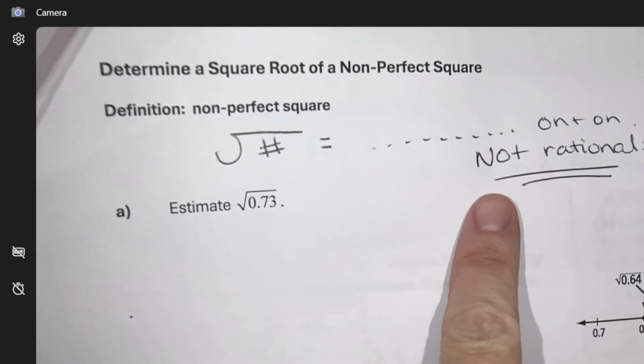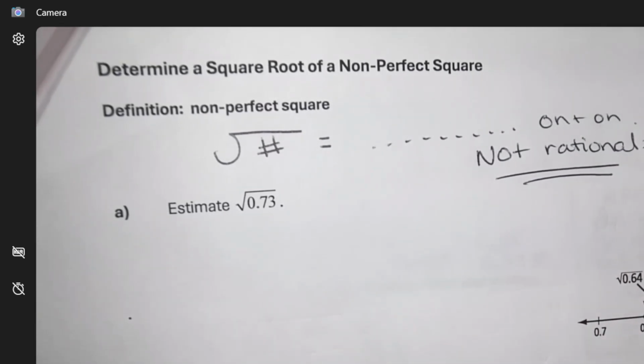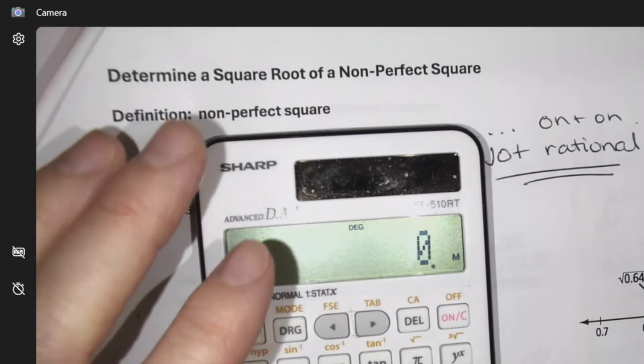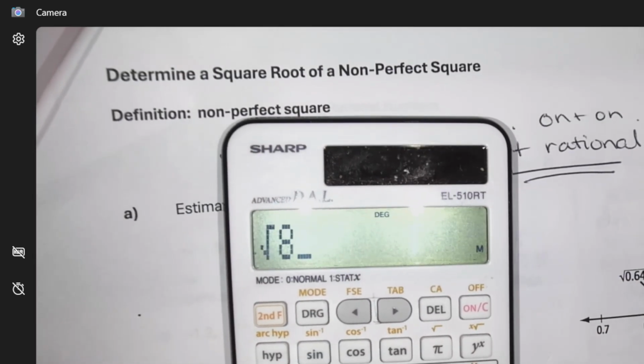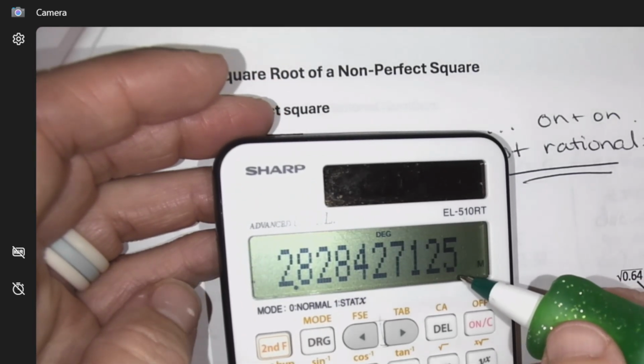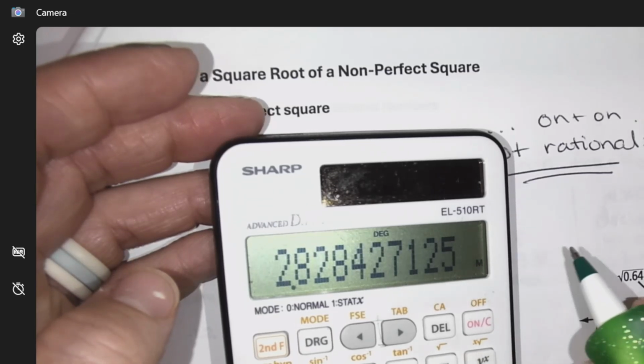Something that goes on without repetition, without stopping, is called not rational, which the real term is irrational. Everybody knows that their calculator stops there because that's just as wide as the screen. But technically, there are still more and more numbers, okay?